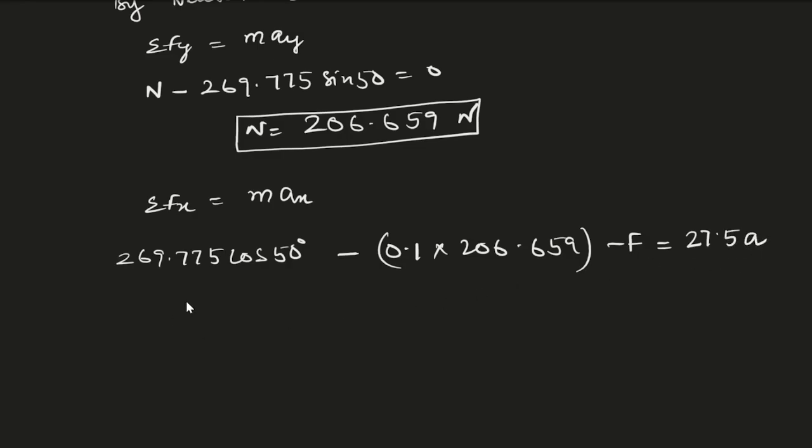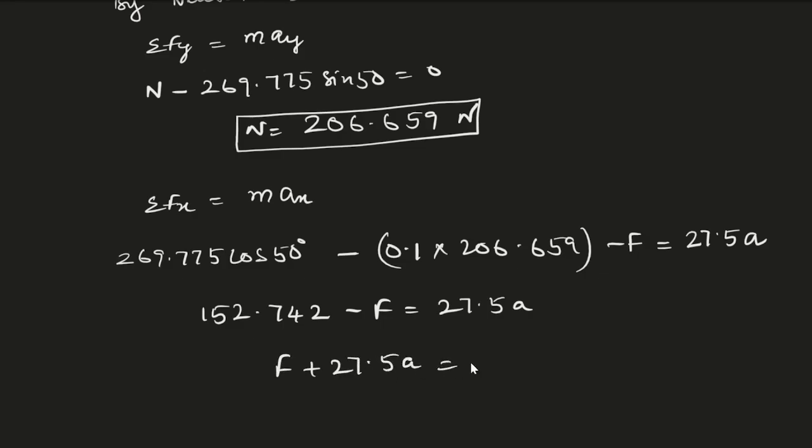Now we'll see the calculation. 269.775 cos 50 minus 0.1 into 206.659, I'll get as 152.742 minus F. This is equal to 27.5 A. So I'm going to rearrange the terms, so it will be in the form of F plus 27.5 A equal to 152.742.